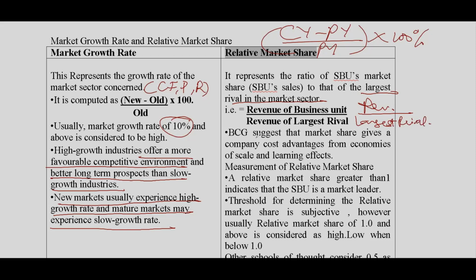The BCG suggests that market share gives a company cost advantages from economies of scale and learning effects. Remember, to get a greater share of the market, you must have some cost advantages or economies of scale. Sometimes access to distribution channels and customer loyalty are all signs of having a large market share.